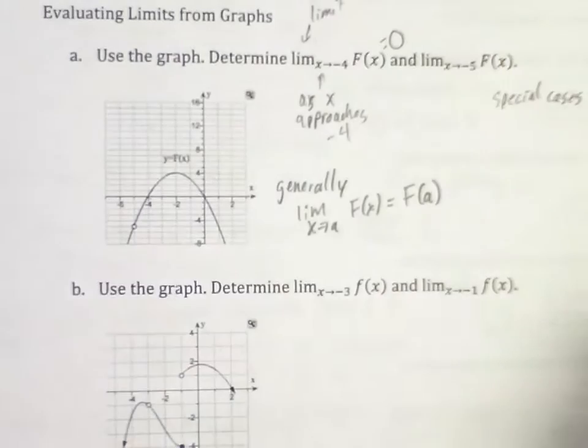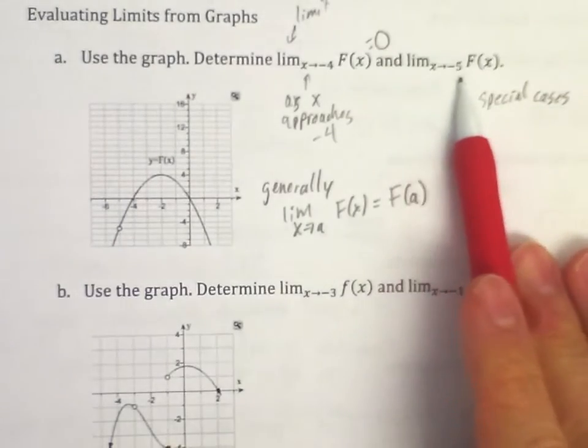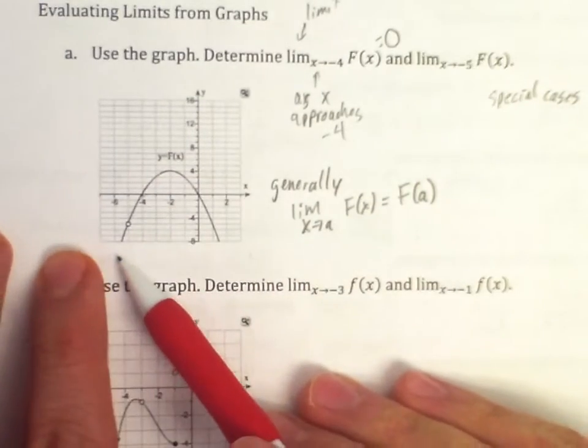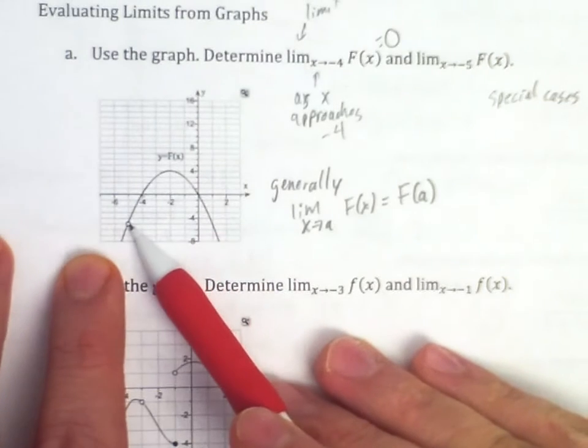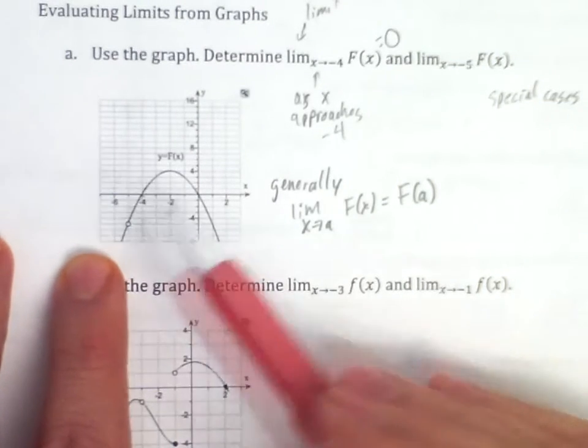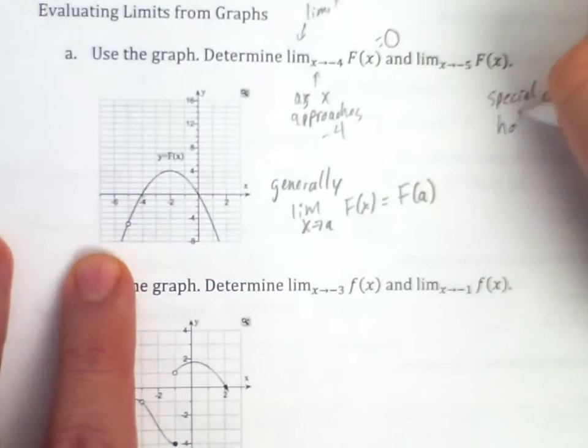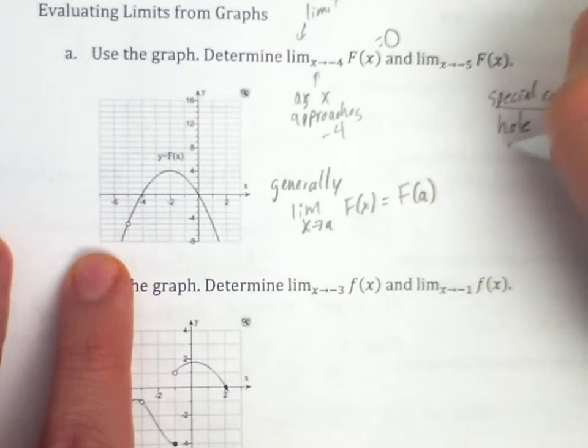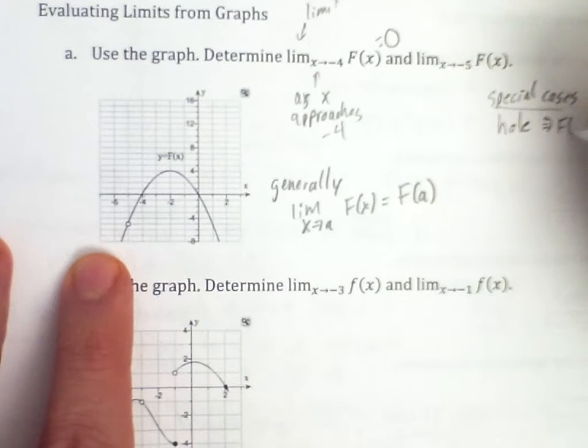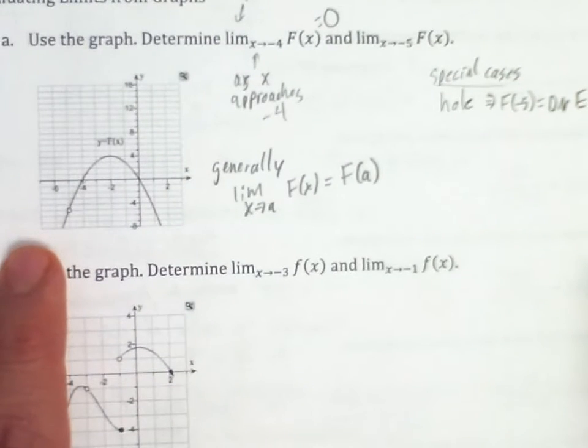The first one here we see at negative 5. As x gets to negative 5, we're going along okay. We get a hole, which means f of negative 5 does not exist. So there's not a value at negative 5.